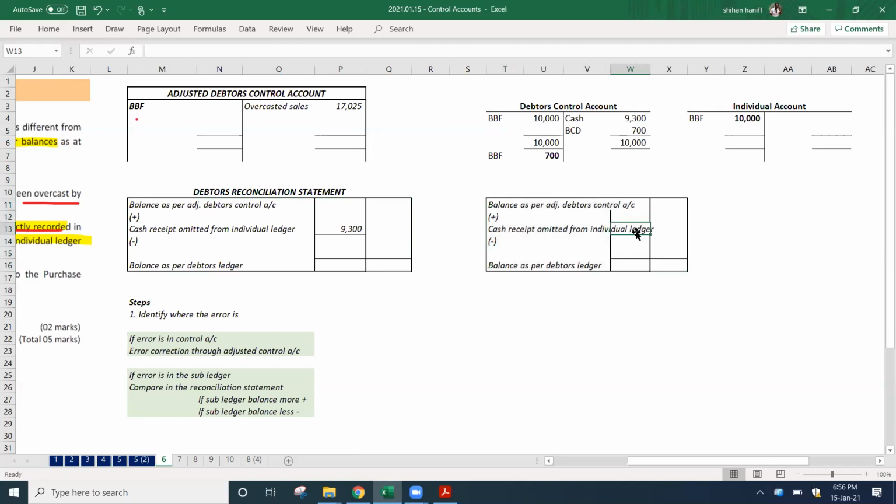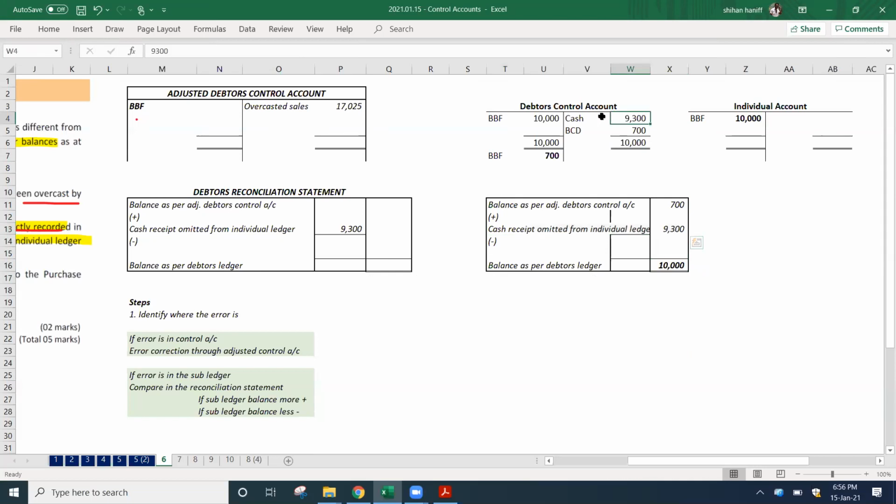Now what you are going to do is you are going to correct it. Now debtors control account balance is 700. Individual account balance is how much? How do you get this 10,000? You have to add 9,300. Then you will get the answer. See, 10,000. Is it clear now? This is the way that you do the correction. Why we added?